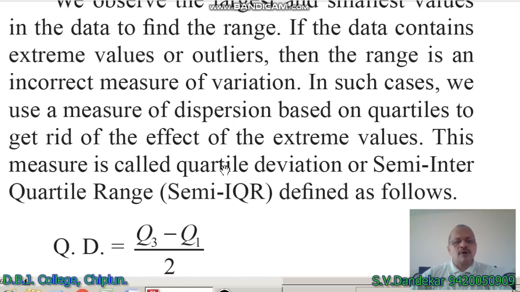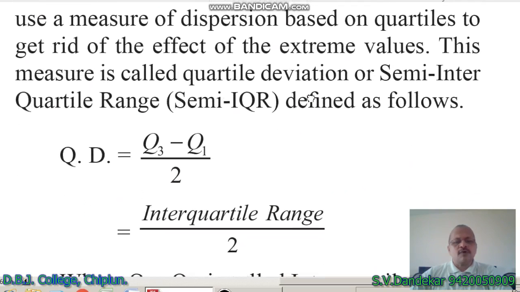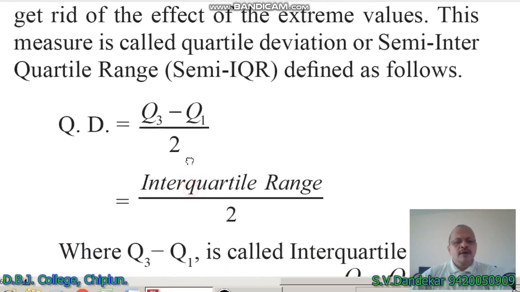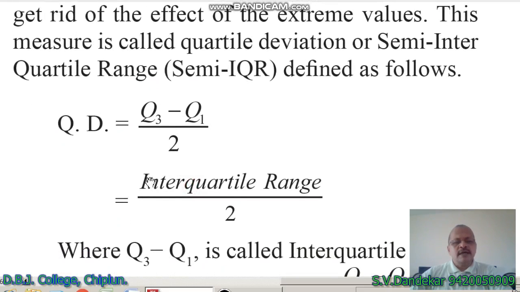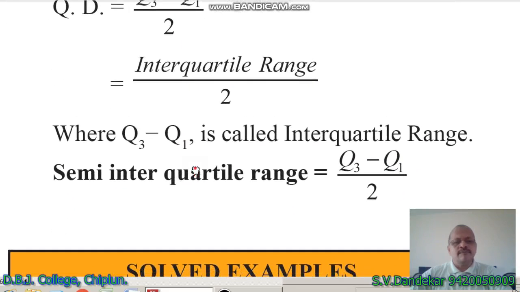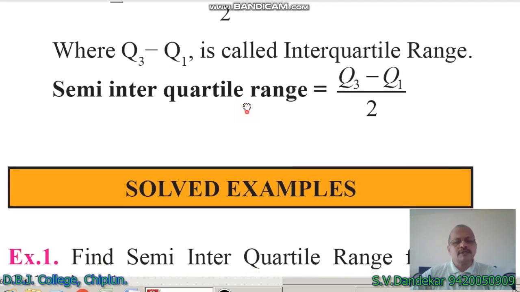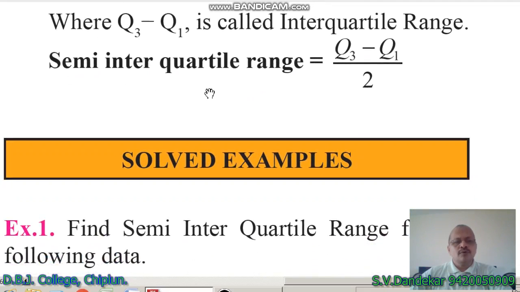This measure is called quartile deviation or semi-interquartile range. It is defined as follows: quartile deviation is equal to Q3 minus Q1 upon 2. Q3 minus Q1 is the interquartile range. Interquartile range divided by 2 is the quartile deviation. The semi-interquartile range, Q3 minus Q1 upon 2, or quartile deviation, is abbreviated as QD.